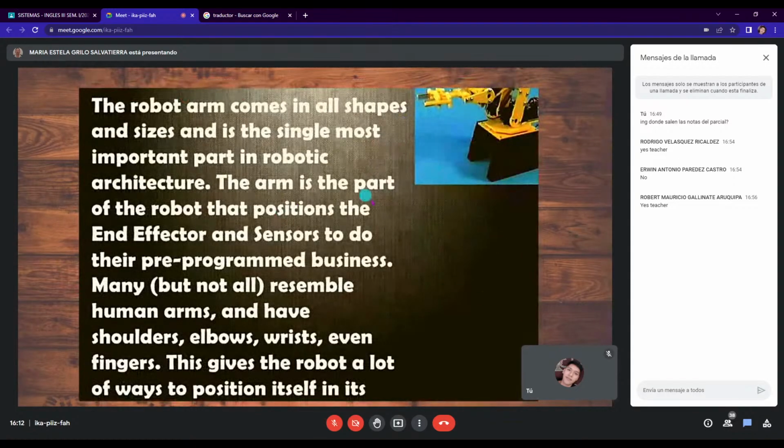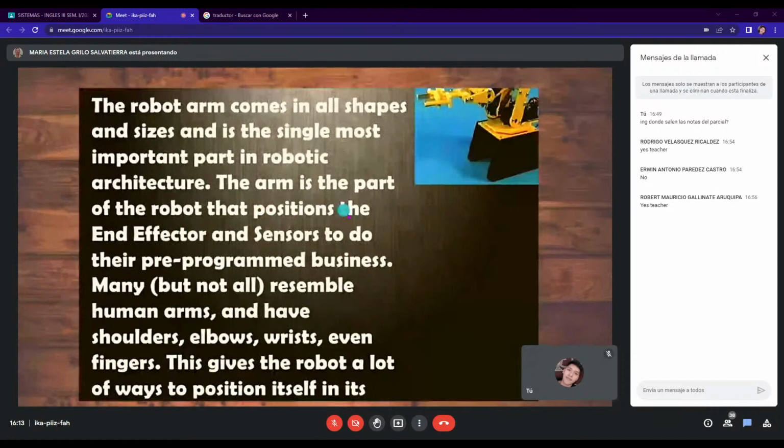Okay, please, can we read? What is a robot arm? Let's read, please. The robot arm comes in all shapes and sizes and is the single most important part in robotic architecture.